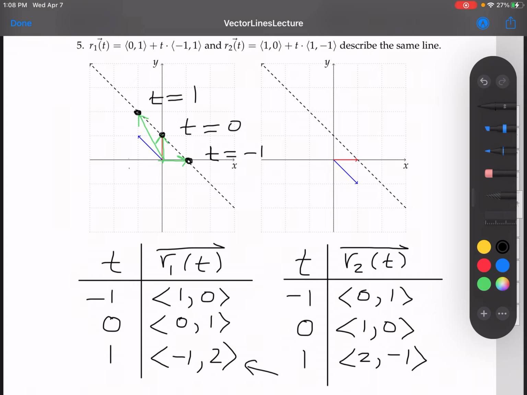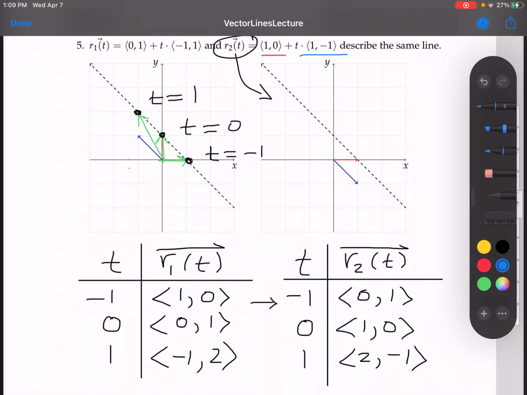Okay, now let's move over to r2. Let's see how r2 of t draws the same line. And again, this blue direction vector is that direction vector. The red position vector is that position vector. Now let's turn our attention to t equals negative 1.